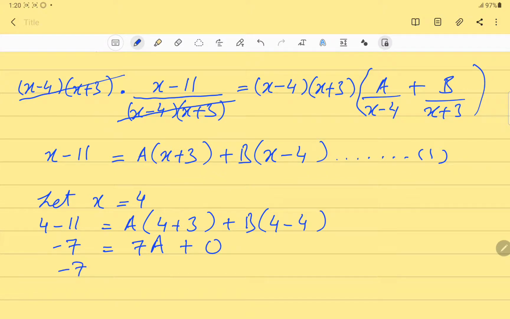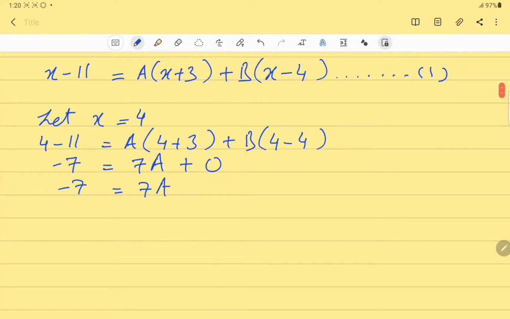So minus 7 is equal to 7a. We divide both sides by 7.